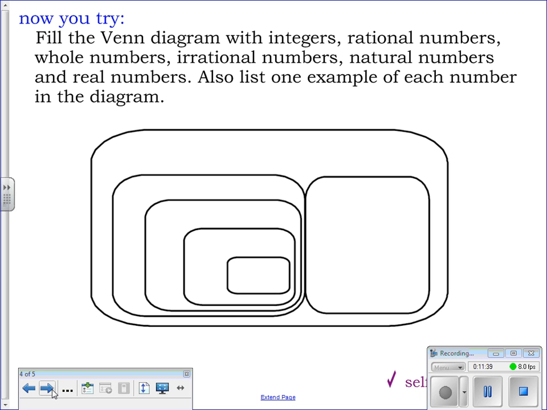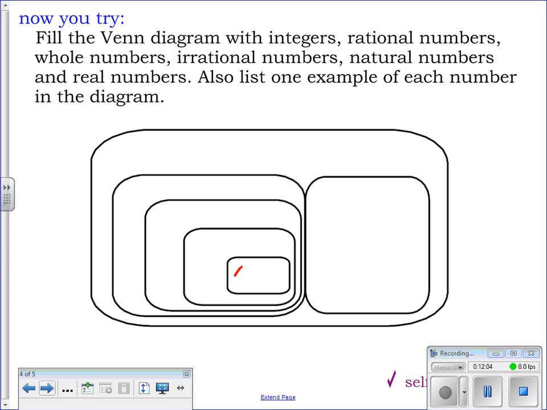So using the ones we did before on the previous page, we want to fill this in. Now, what group of numbers was the most restrictive group? The one that had the least stuff that could be part of that group? The natural numbers. So your most restrictive group goes on the inside.